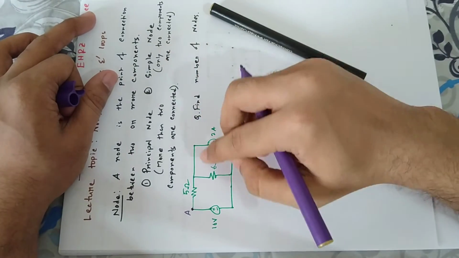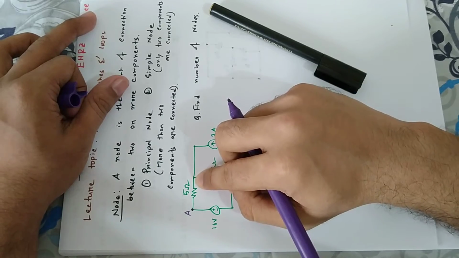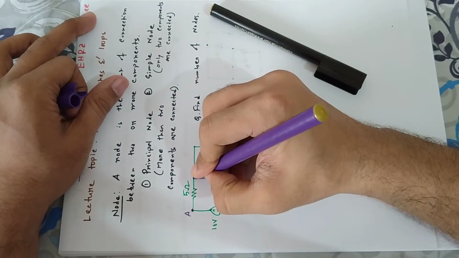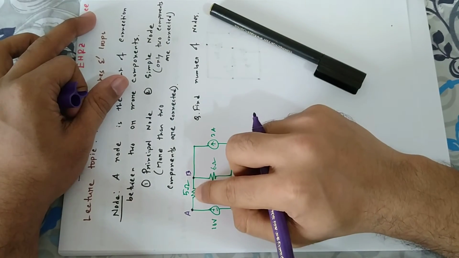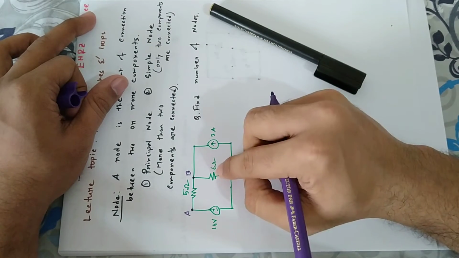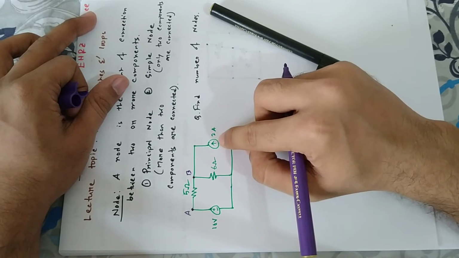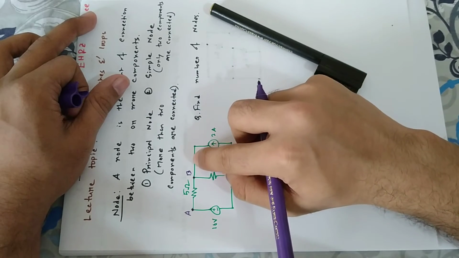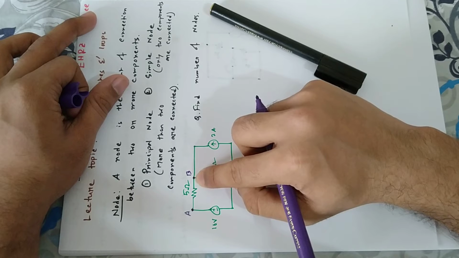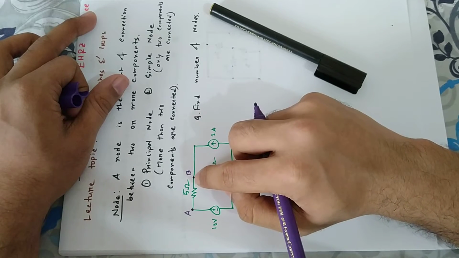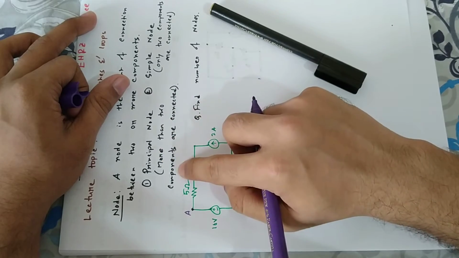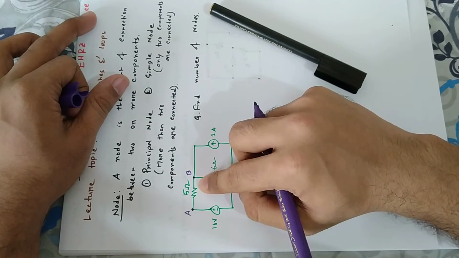Now move on to this point. Suppose the name of the point is P. At this point, the 5 ohm resistor is connected, the 6 ohm resistor is connected, as well as this 2 ampere current source. So this is a point where more than two components are connected.